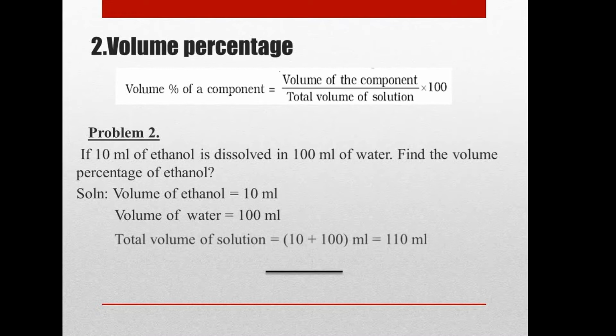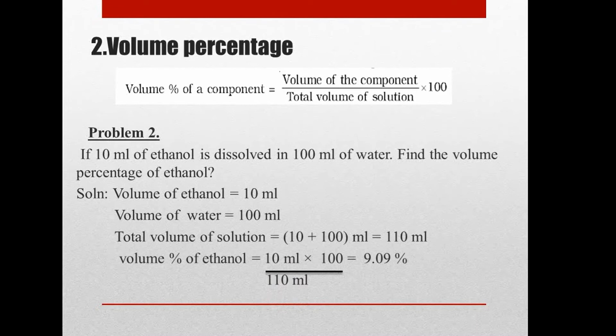So the total volume of the solution will be the volume of ethanol plus the volume of water, that is equal to 110 ml. So if you fit all these values in the formula, then you will get 9.09% of ethanol.